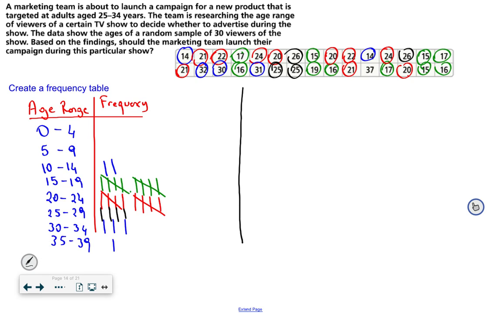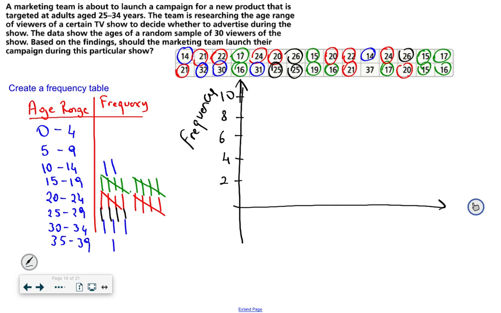So we have the graph. The number of people increases by 2, 4, 6, 8, and 10. This is the frequency, and this is the age range.